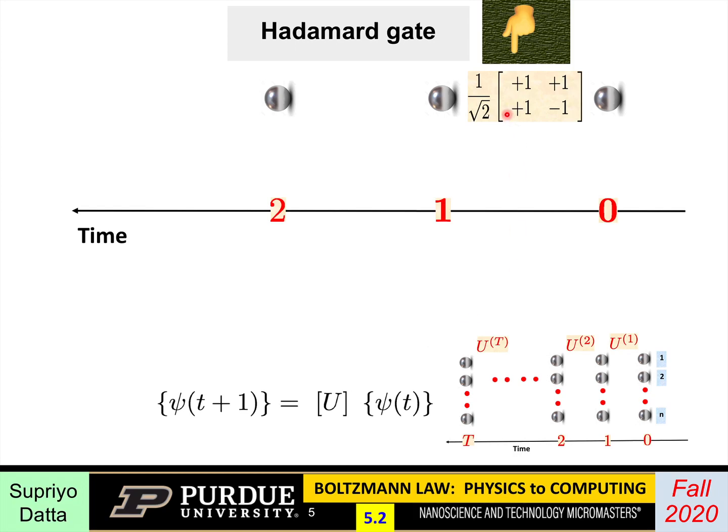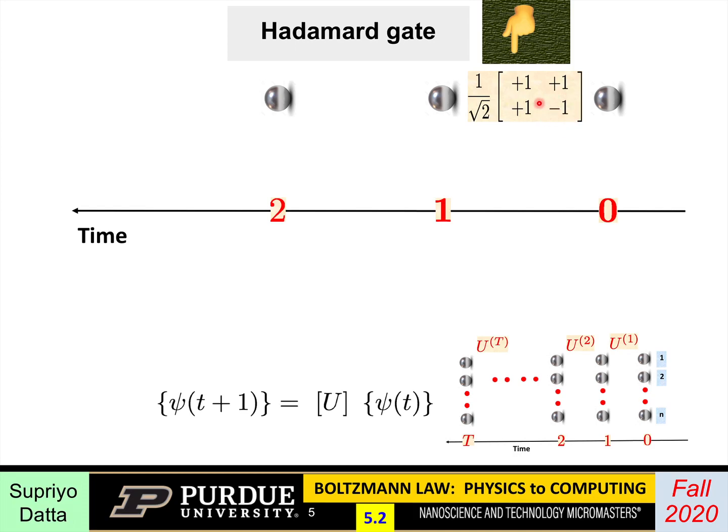And it's this U matrix, this quantum transition matrix or transformation matrix, the one that transforms the wave function from one point to another. It's given by this matrix for a single qubit. It's a 2 by 2 matrix, and you'll notice there's a -1 for this element.